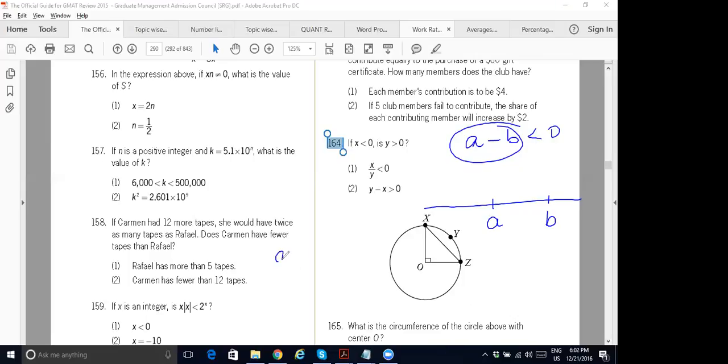And when we are given a minus b greater than 0, then a is on the right of b on the number line. Any number that is on the right of another number is always greater. So a is here, greater than b, and in this case b is greater than a.